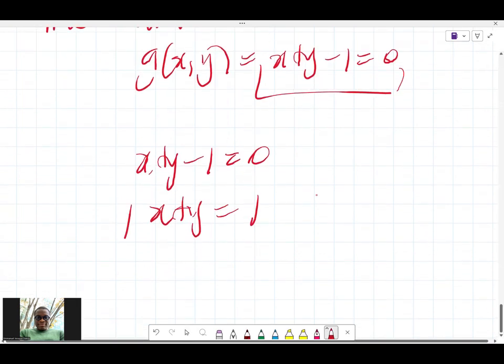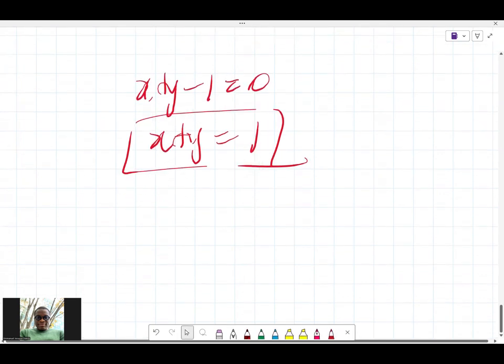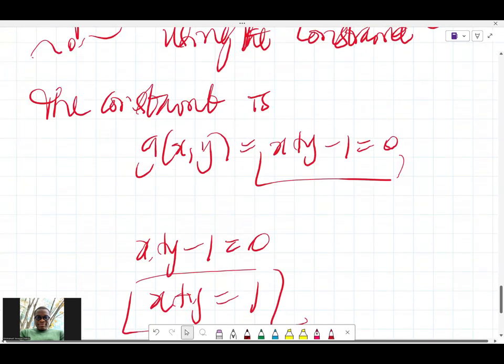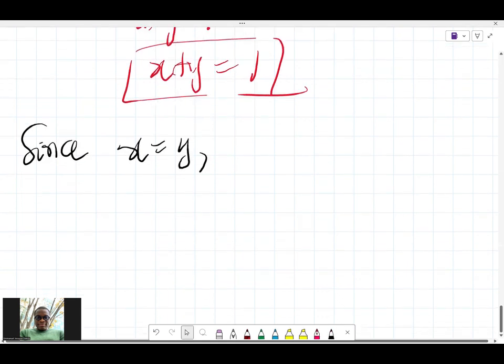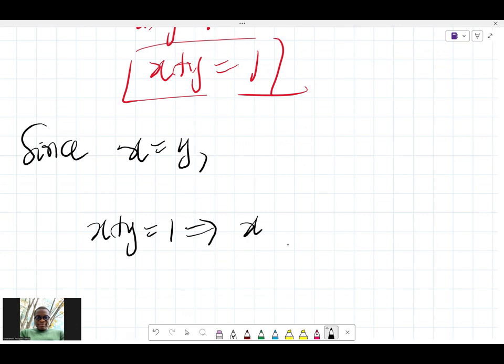Since x plus y is equal to 1, and we have established up here that x is equal to y, then x plus y equals 1 implies that you have x plus x equals 1 because x is equal to y.